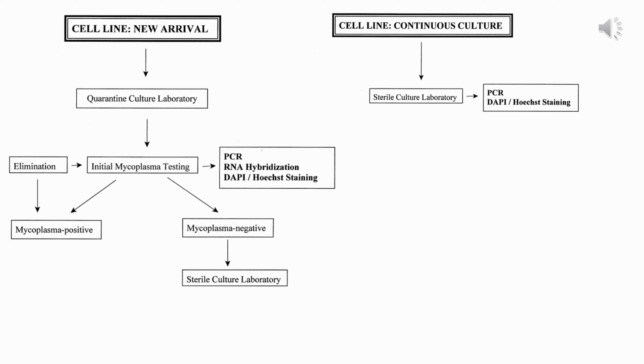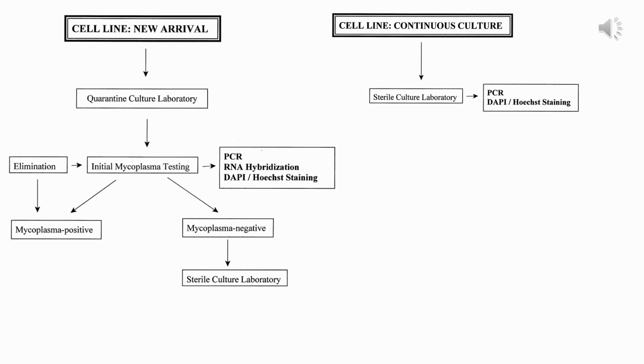Depending on how strict the people are in maintaining cells there, one cannot always trust that what you are receiving from other labs, especially from outside the institute, from a different culture unit, is completely free from Mycoplasma or not. In fact, just like how we quarantine animals when they are coming from a different source, in the same way cell cultures should also undergo quarantine when you are getting them from a different institute.